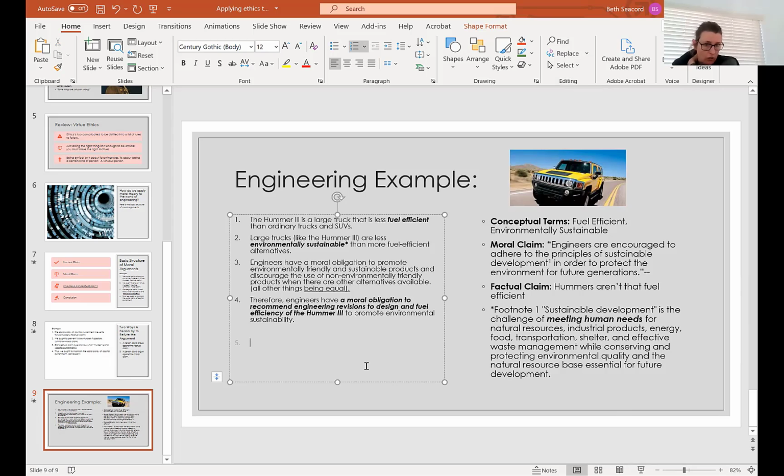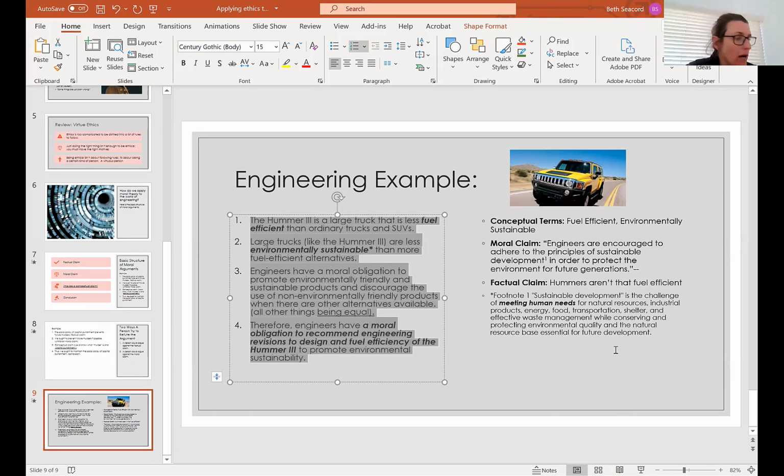Okay, so let's reduce the... This is a little bit about how we're going to start applying ethics to specific situations in engineering, okay? Since you are all taking engineering classes, I wish this was an in-person class because I'd be learning so much about the factual claims in engineering arguments, okay?